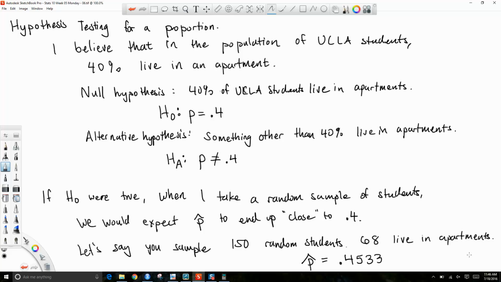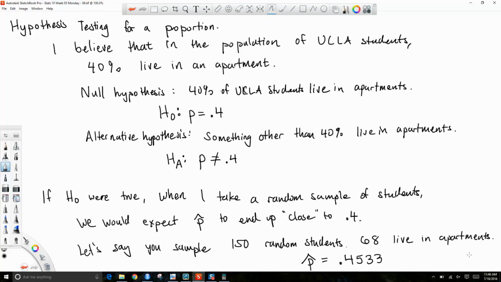All right. So here's the question. Is 0.4533 close enough to 0.4, or is it pretty different from 0.4? Yes, no? Well, this is the question I posed to you, and the answer is we don't know at this point. We have to do a little bit more work.